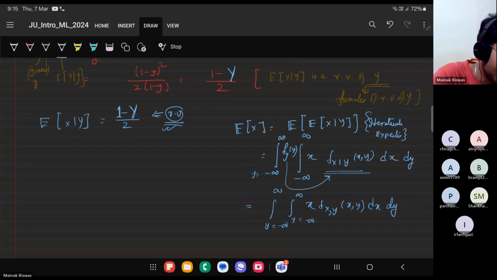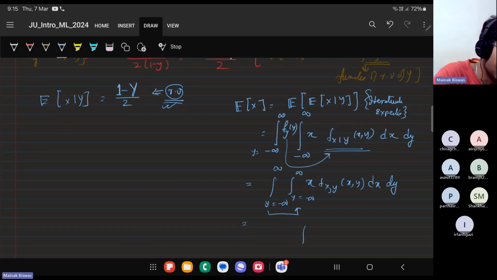Agreed? Swap the integrals since the PDF is defined. I multiplied and used Bayes rule as I showed just now. And then x can come outside: f of x comma y dx dy.